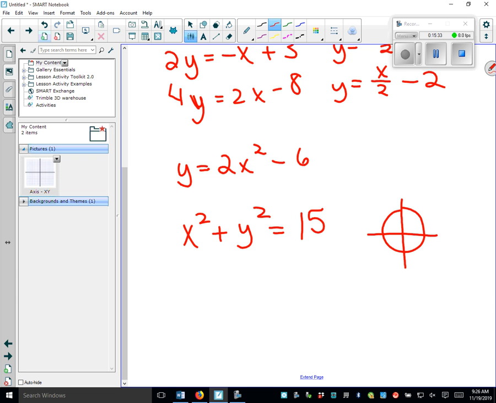Do you think it's also symmetric to the origin? All right? So if you have a circle, it is symmetric. This was symmetric to the y. This is symmetric to the x, the y, and the origin. If it's a circle.